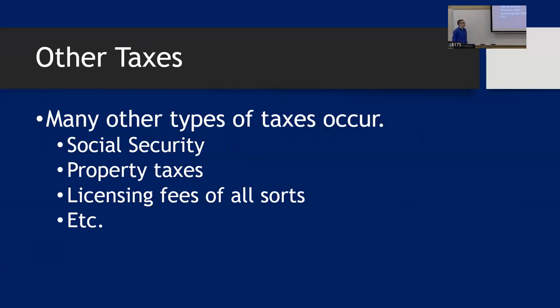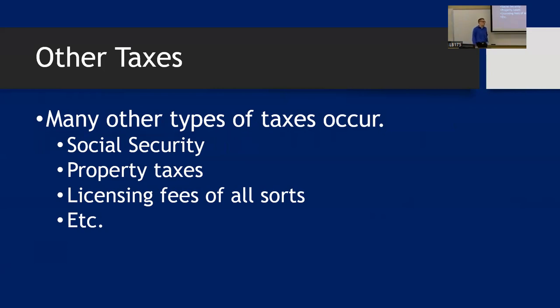Now, these are not the only two types of taxes. There's lots and lots of other taxes that are applied. If you see the paycheck, you know that not only do they take out income taxes, but they take out a Social Security tax as well, right? This is on top of the income tax.